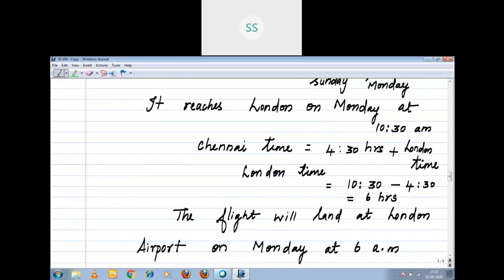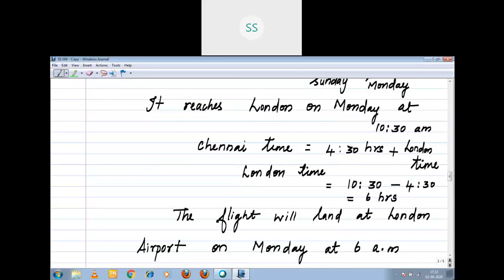That's why the flight will land at London airport on Monday at 6 a.m. Got it, children? It is given as 23:30 hours Sunday plus 11. The duration of the flight from Chennai to London through British Airlines is approximately 11 hours. That is next day, Monday, right?